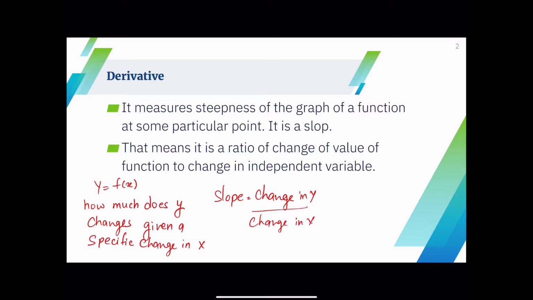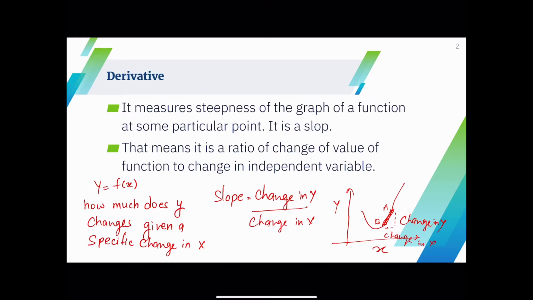So a function, let's say this is y and this is x, and it's given like this. So slope between 2 points a and b we can measure as this is a change in y and this is change in x.